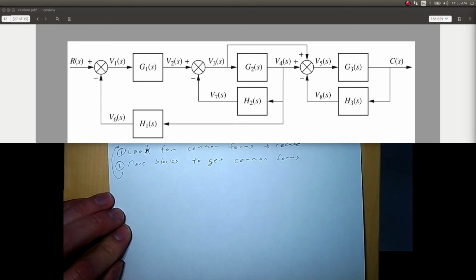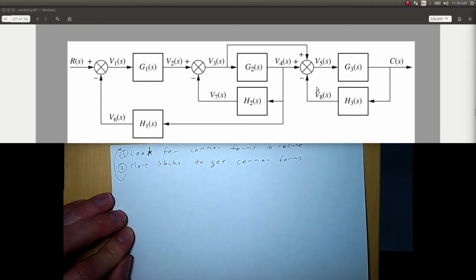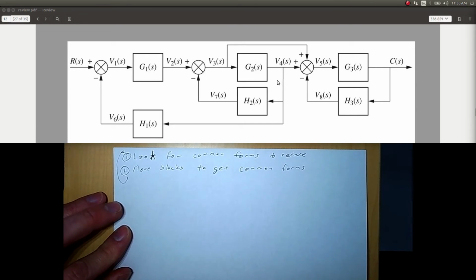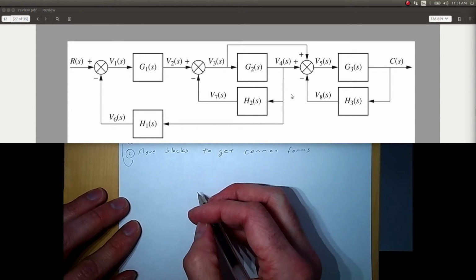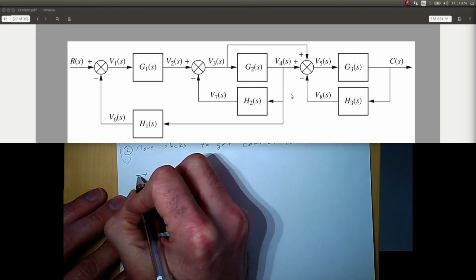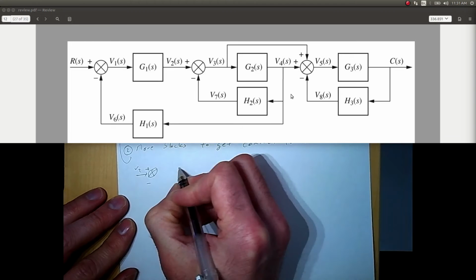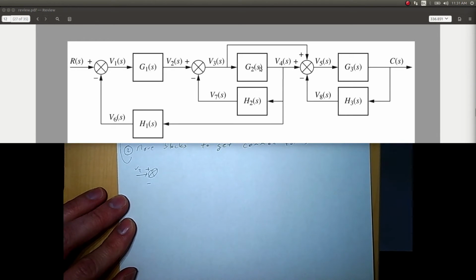So for this example, there are no common forms. There's no cascade, parallel, or feedback forms. We'll start here and try to get a feedback form out of this. So let me just draw that one little part. So we had V2, we had a summing junction, and I'm going to move G2 before this pickoff point.